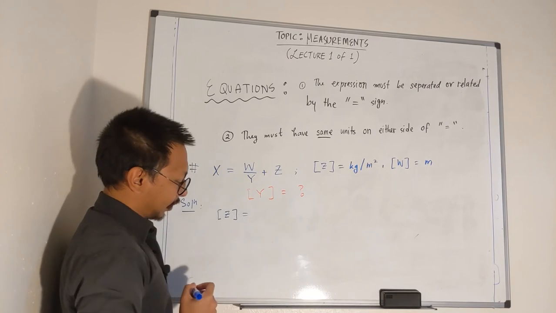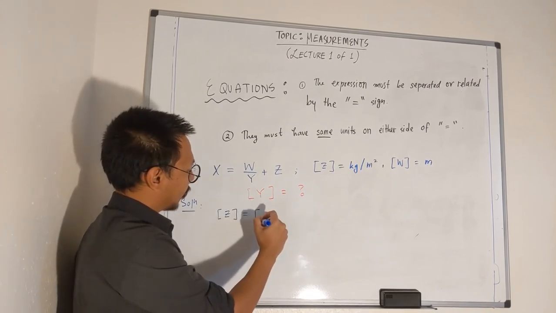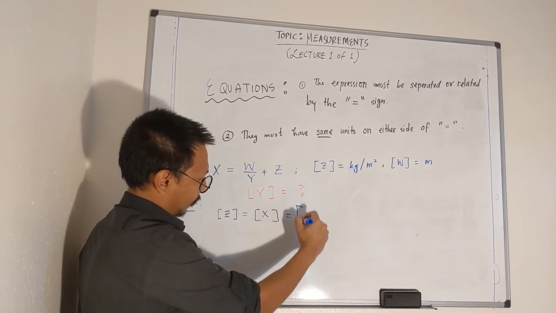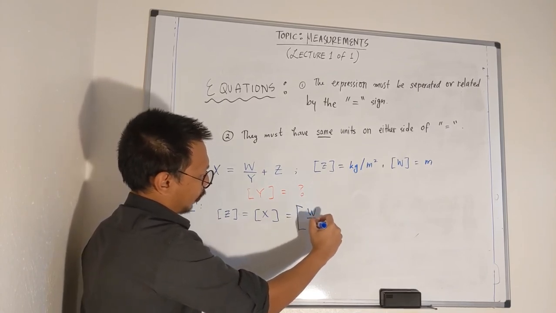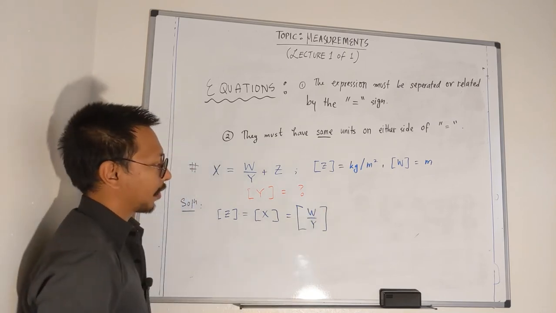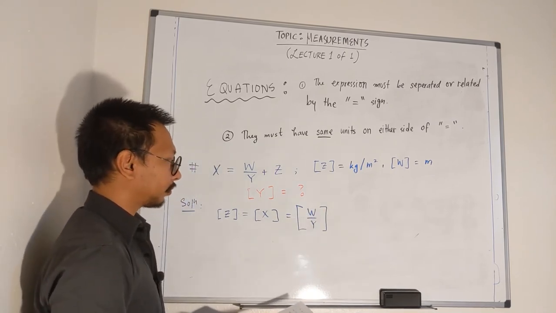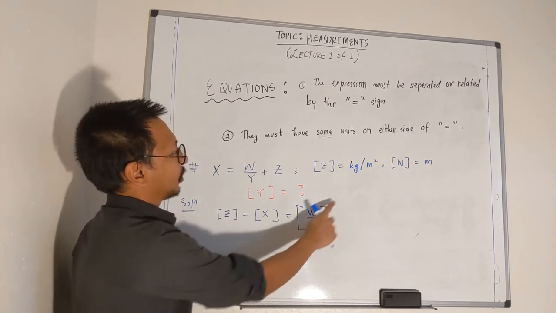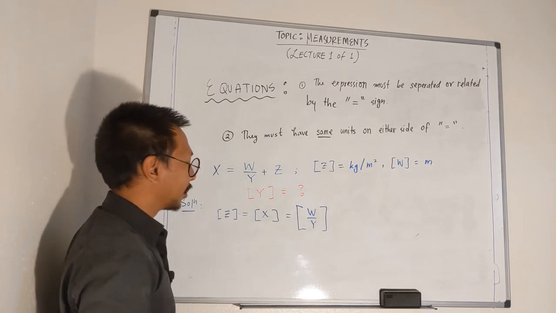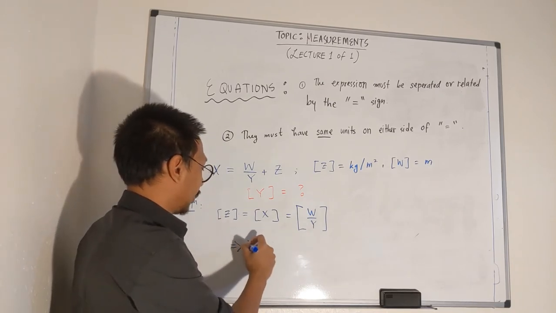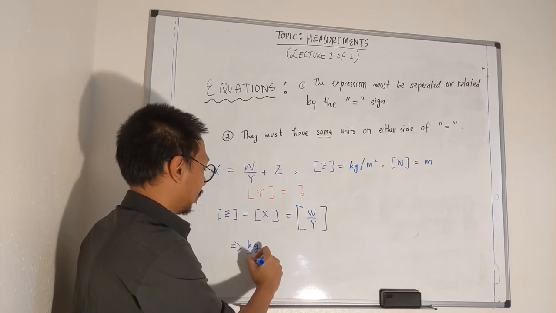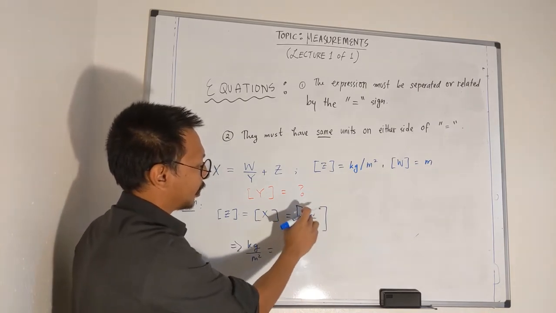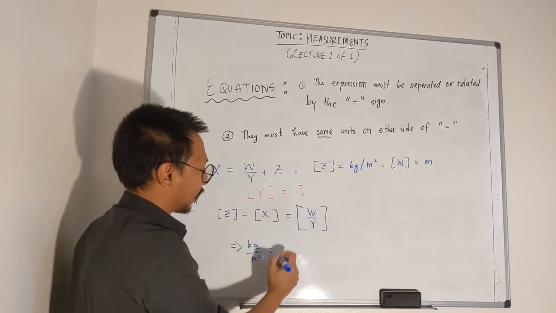So dimensions of z is the same as the dimensions of x is the same as the dimensions of w over y, right? Okay, so we know that z and x must both be measured in kilograms per meter squared. So we write kilograms per meter squared on this side and investigate the dimensions of each variable on the right hand side.